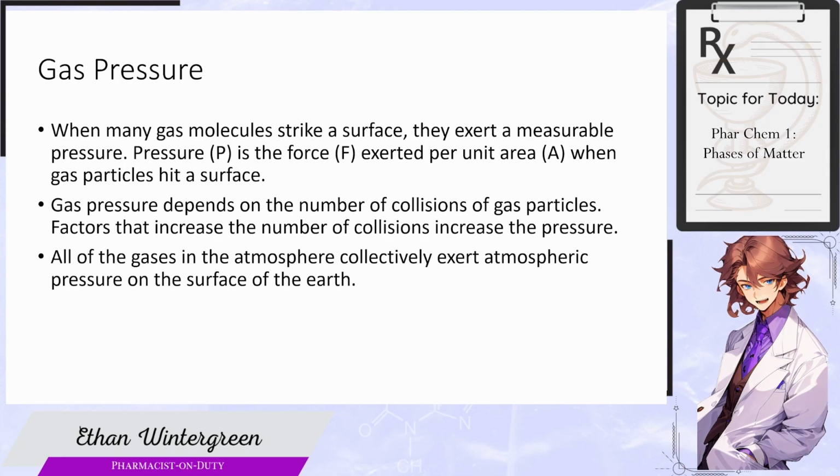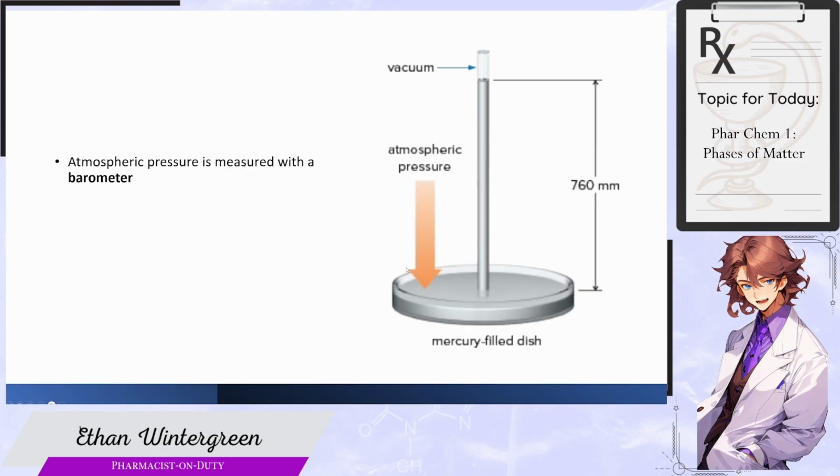We also have a term when we collate all the pressure that all the gases on Earth exert. It's called our atmospheric pressure. So it's the sum of the total gas pressures applied on the surface of the Earth. Okay, when we measure gas pressure or atmospheric pressure, we use a barometer.